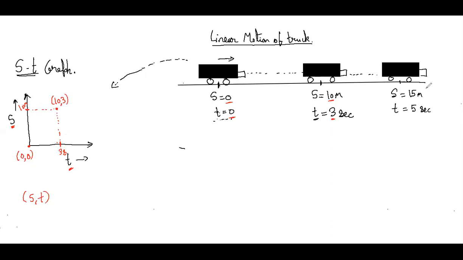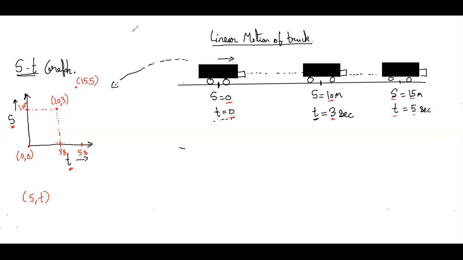And then the third point of observation is t equals to 5 seconds and displacement equals to 15 meters. So let's say this is 5 seconds and displacement will be somewhere here. So it is 15, 5.